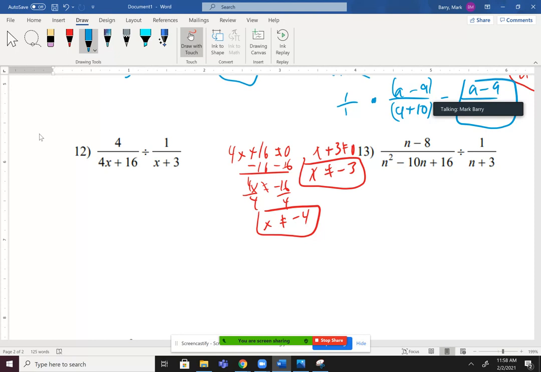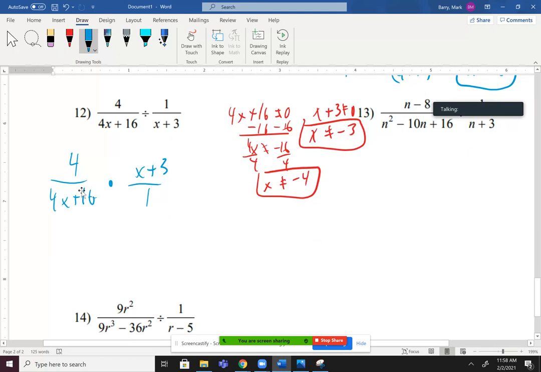All right, for my factoring here, actually, no, before I factor, I have to flip the second fraction, change it to multiplication. The only factoring I can do is I can take out a 4 down there on bottom.